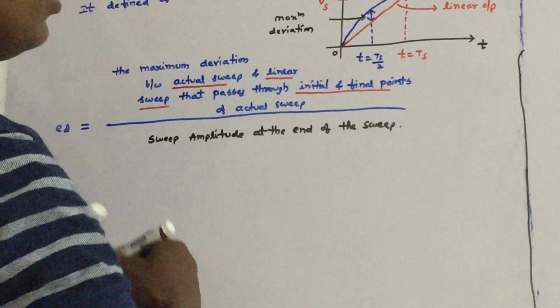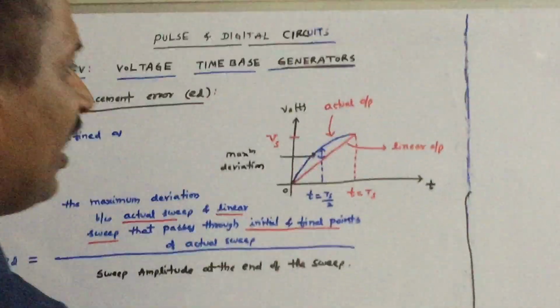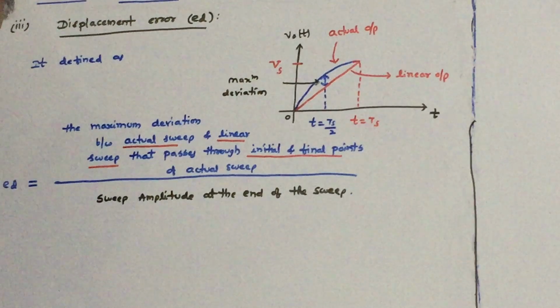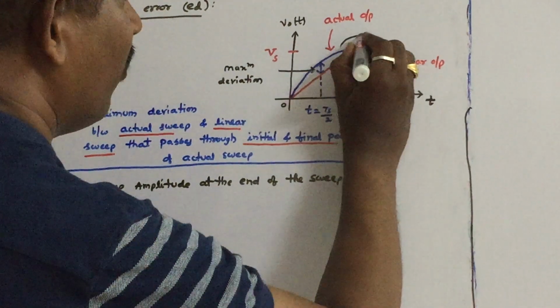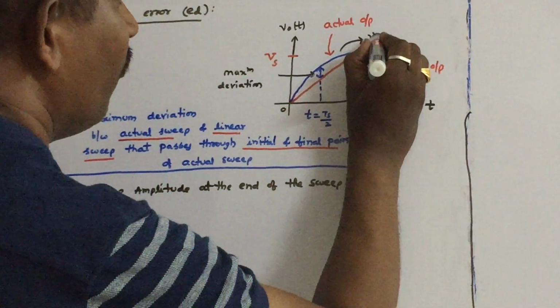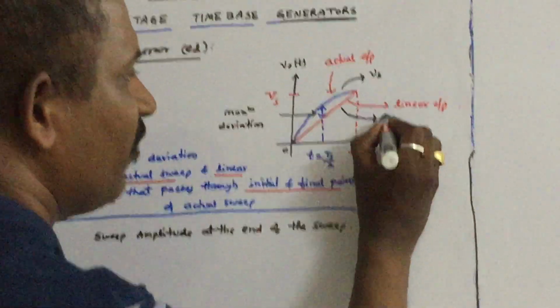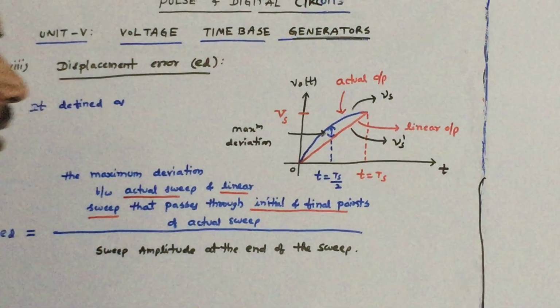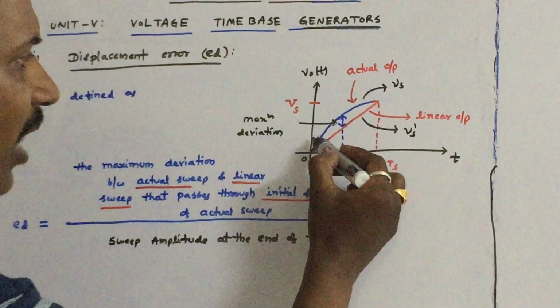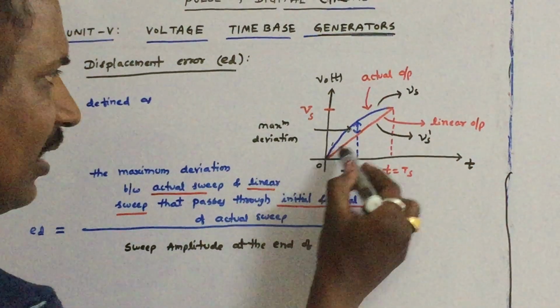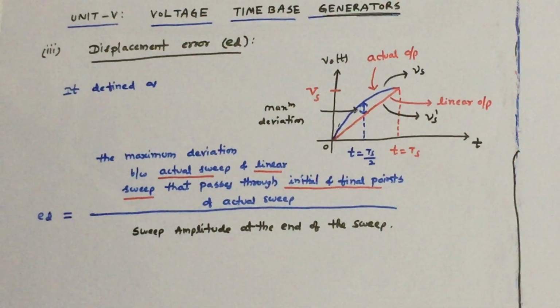Let us say very carefully, the actual output is Vs and the linear sweep is Vs dash.